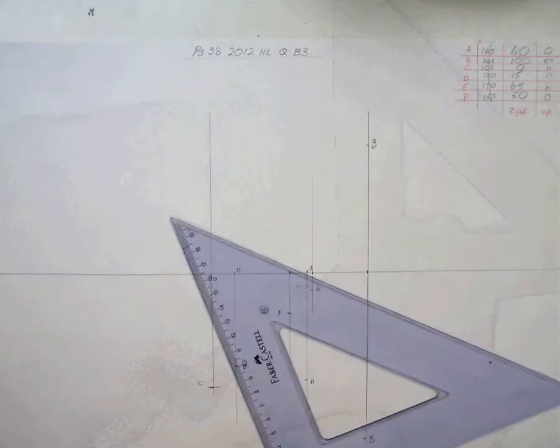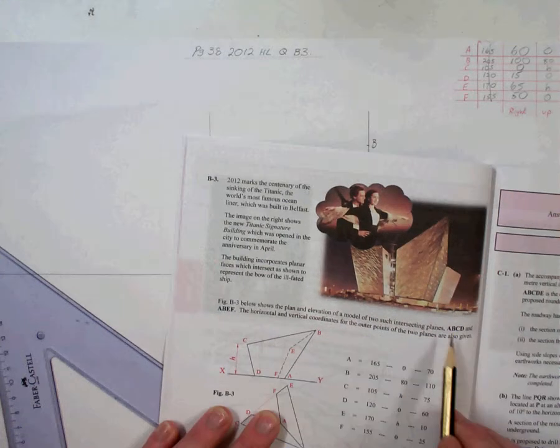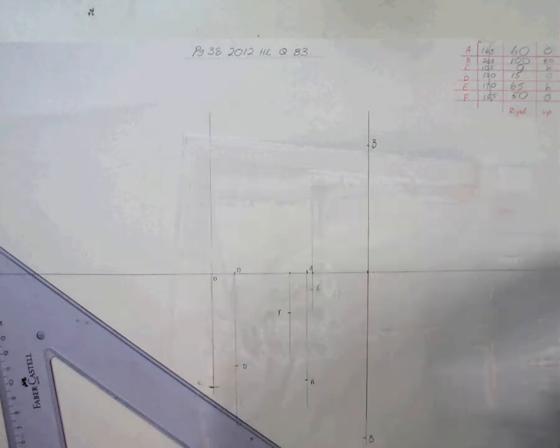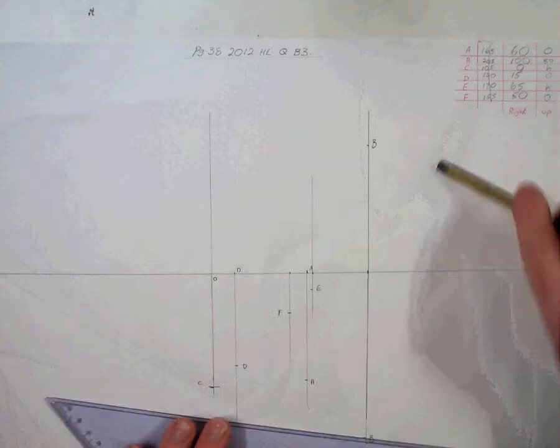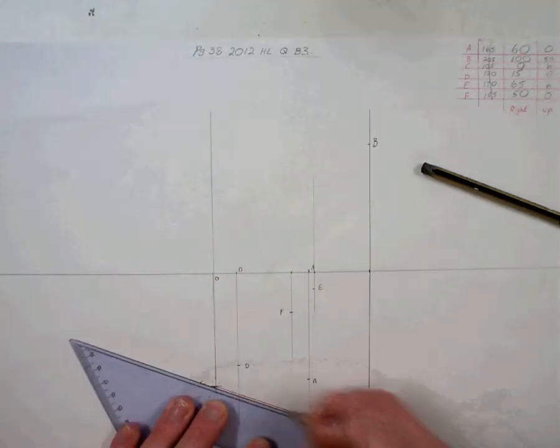In the question the planes are A, B, C, D and A, B, E, F. So I join A, B, C, D together in one color if I can.